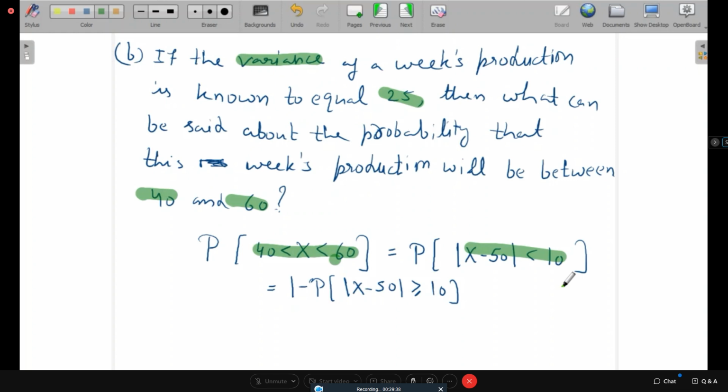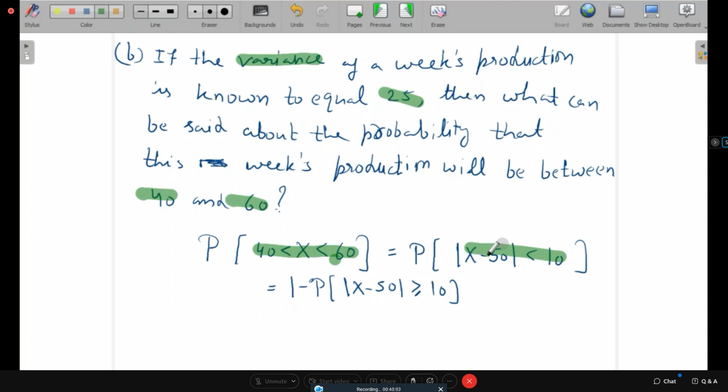Why have I chosen this 50 here? Because 50 is the mean. I am interested in applying Chebyshev's inequality, and Chebyshev's uses mod of X minus mu x, and mu x is the mean. This is why it is X minus 50.